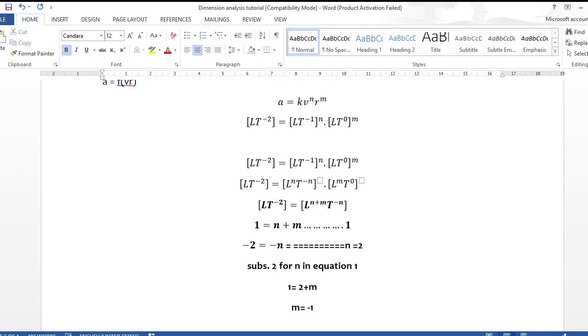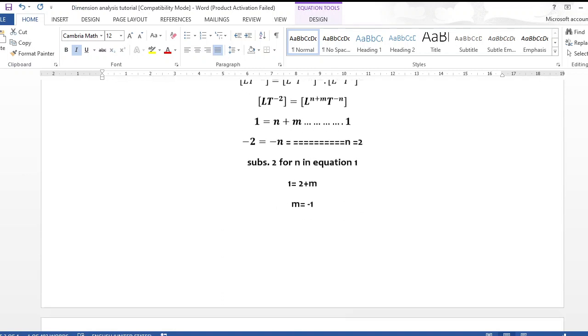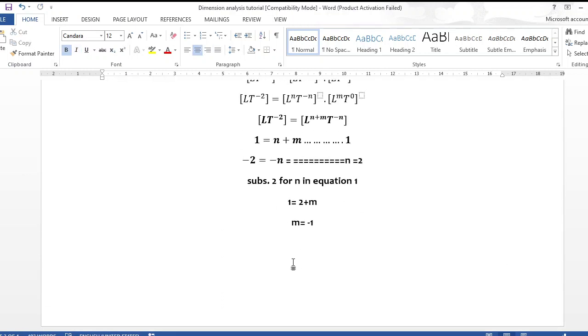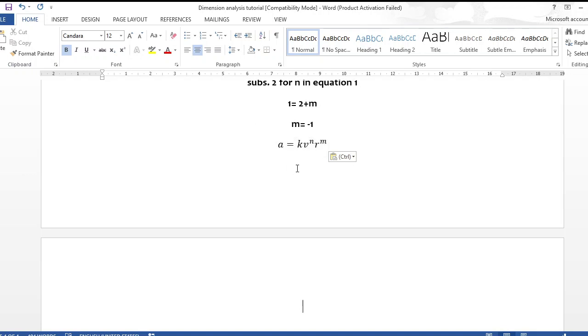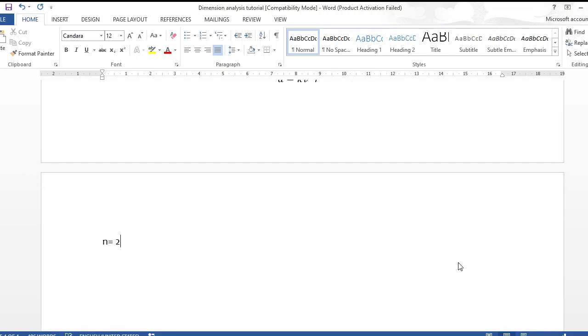Now in our original equation, remember the original equation says acceleration equals v to the power n r to the power m, and we found that the value of n is equal to 2, and the value of m is equal to negative 1.